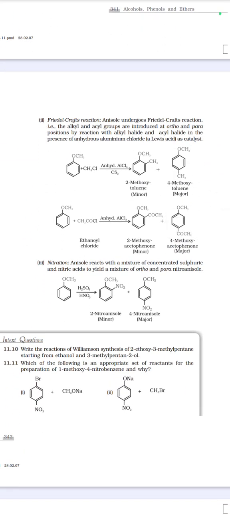Friedel-Crafts reaction. Anisole undergoes Friedel-Crafts reaction. The alkyl and the acyl group are introduced at the ortho and para positions by reaction with the alkyl halide and acyl halide in the presence of anhydrous aluminum chloride as a Lewis acid catalyst.